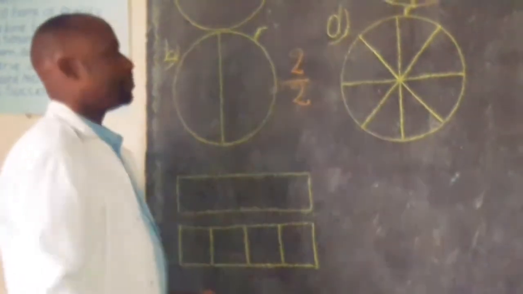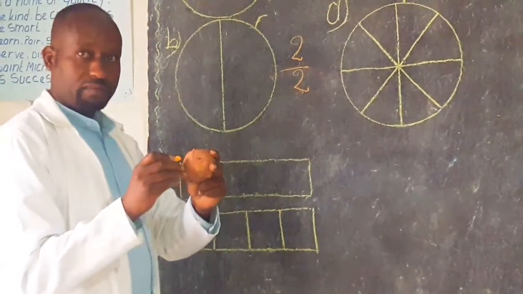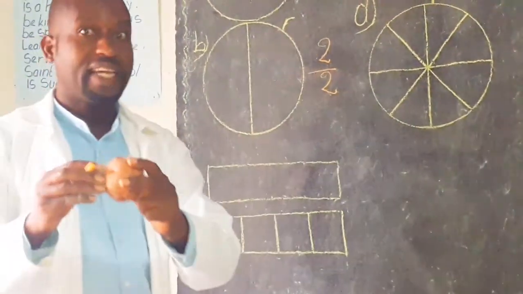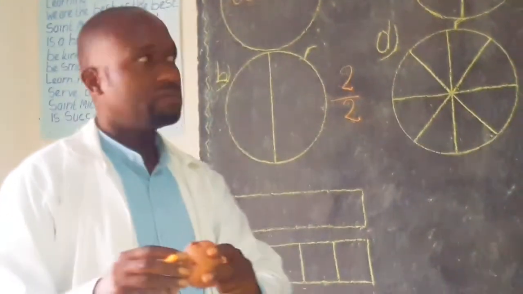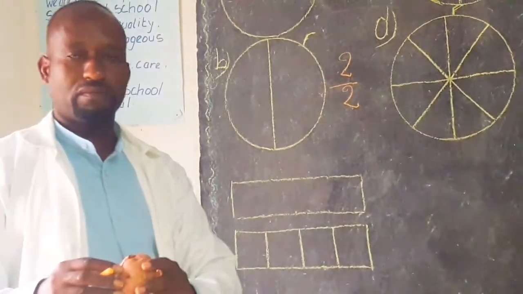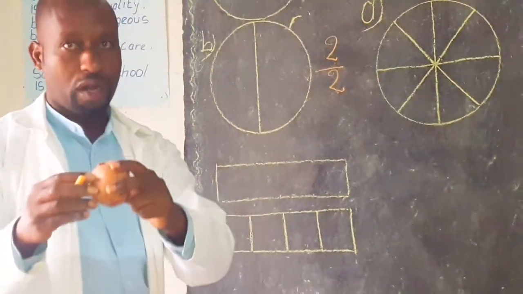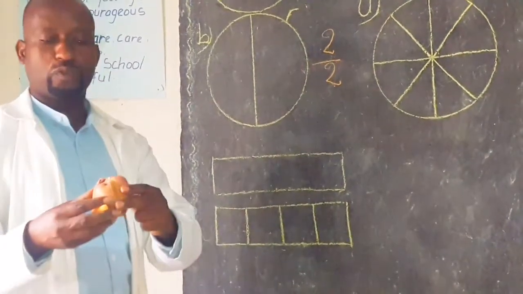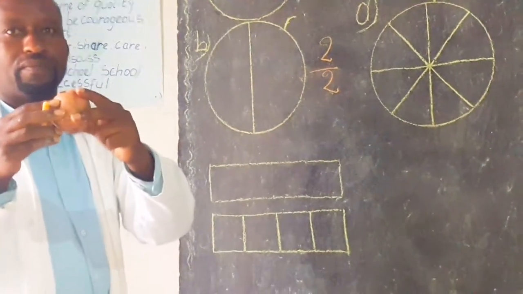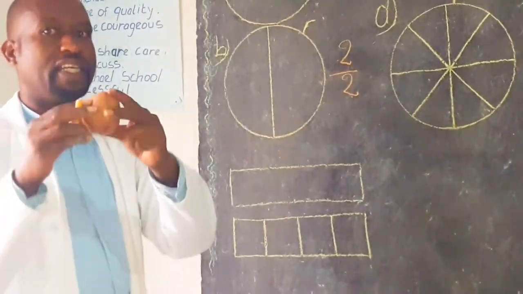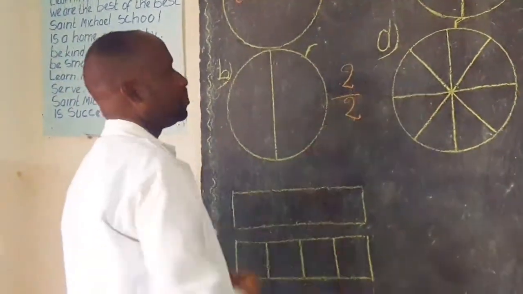When I take the whole and I divide it in parts, that is what we call a fraction. A fraction is a part of a whole. Here I have two parts, 2 among 2 parts. A fraction is a part of a whole, 2 over 2.